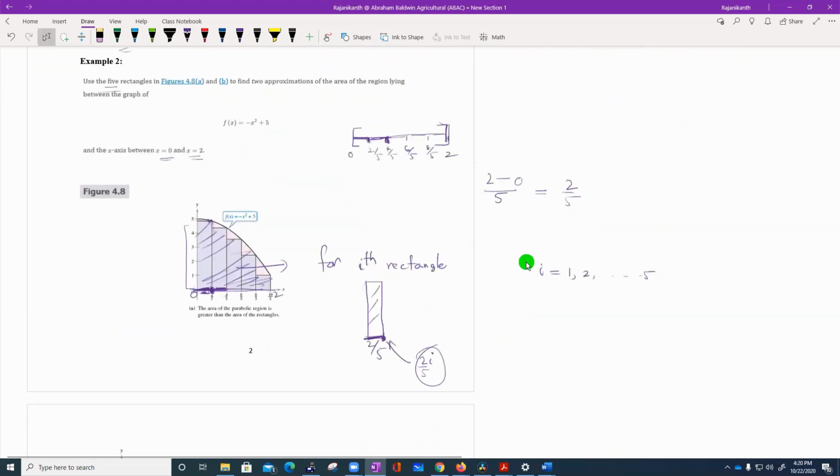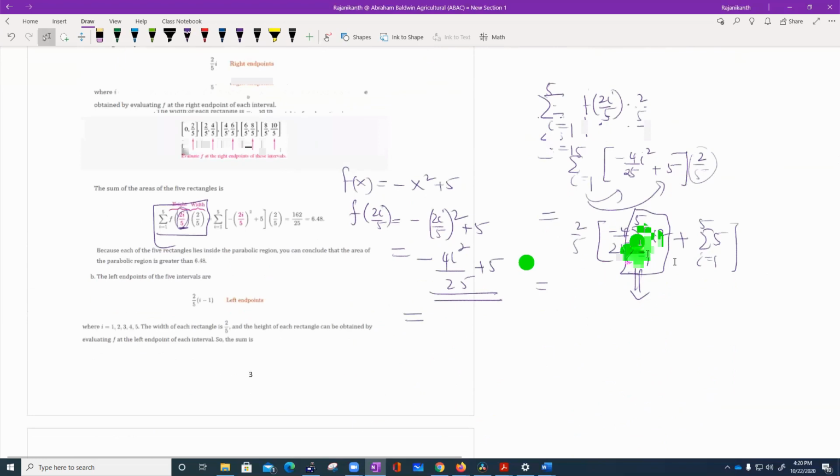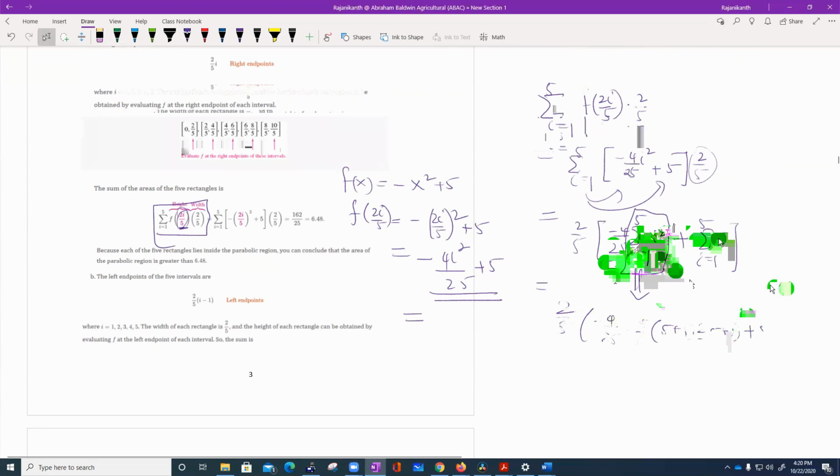Okay. And so that is 2 over 5, negative 4 over 25. So if we use the third formula with n is 5, you will get 5 over 6, n plus 1 times 2n plus 1. I'm simply using the third formula, right? Then plus, this is nothing but 5 is constant.